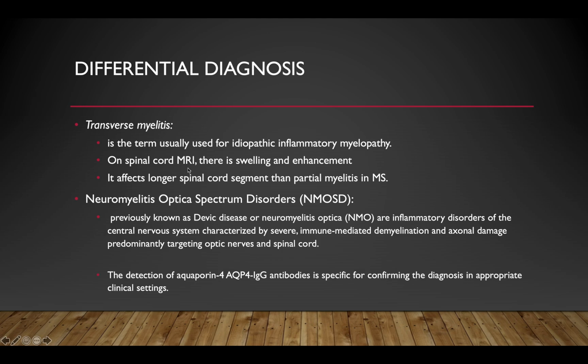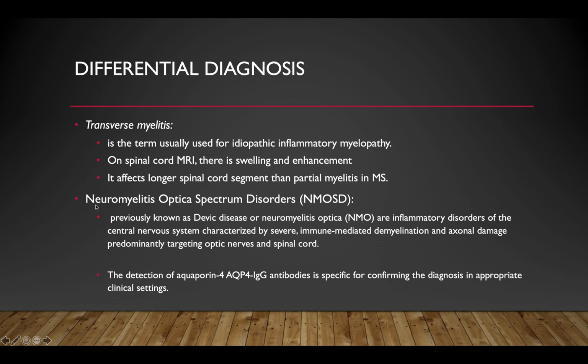When we do MRI of the spine, there is swelling and enhancement in the spinal cord, and it affects a longer spinal cord segment than partial myelitis in MS. So this is the differentiation between multiple sclerosis and transverse myelitis. In the partial myelitis of multiple sclerosis, there is a short or separated spinal cord segment lesion, but in the total transverse myelitis, there is a long spinal cord segment lesion.